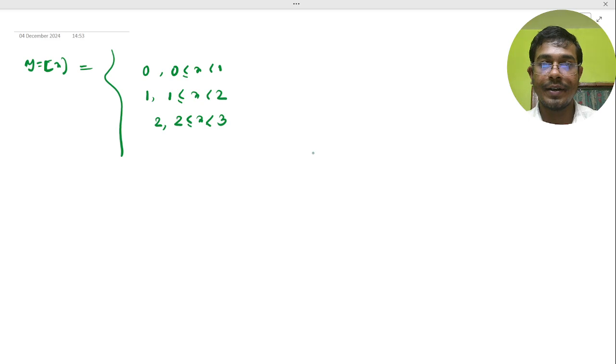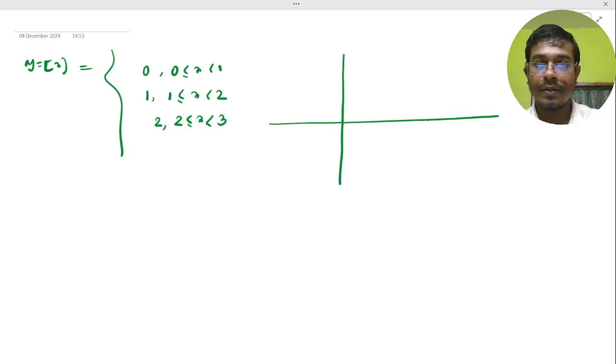This is our definition, and we just plot the graph here, this is the origin, x and y, and the other one is basically this one.